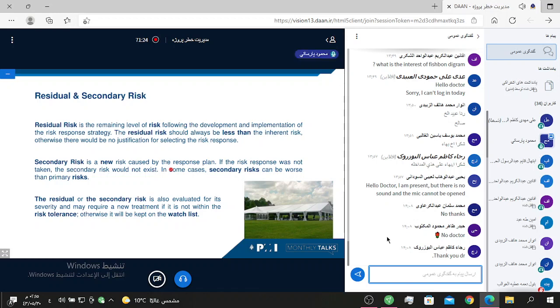Otherwise, there would be no justification for selecting the risk response.